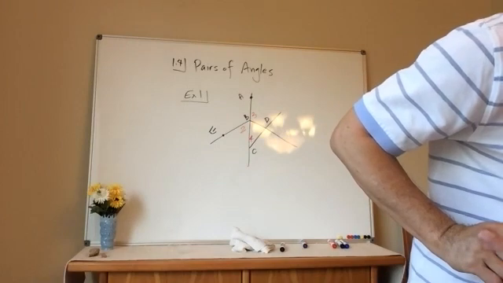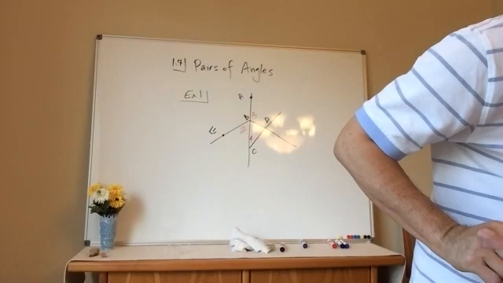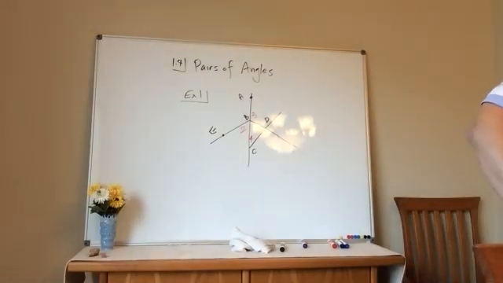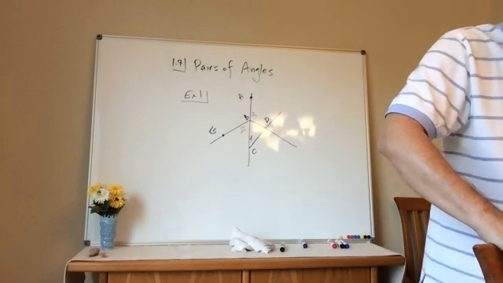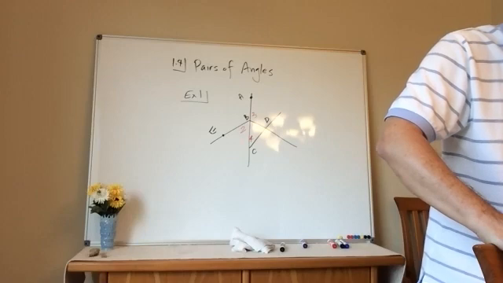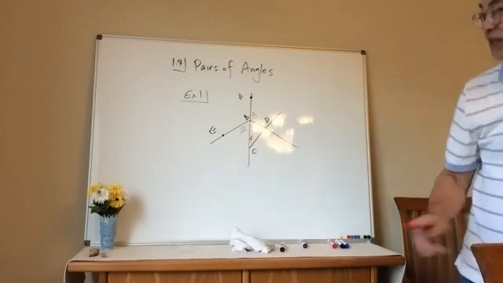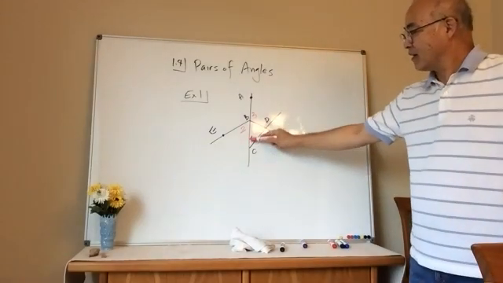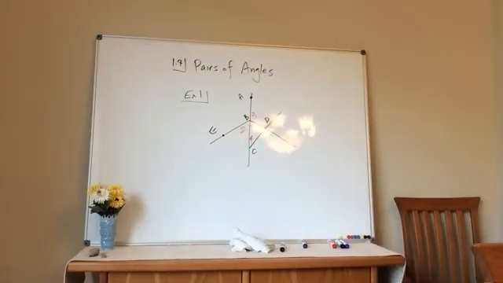How about 2 and 4? Sophie, are they adjacent? No. Why not? Because they don't share a line. Well, they do. They share this line right here, don't they? Does everybody see that?